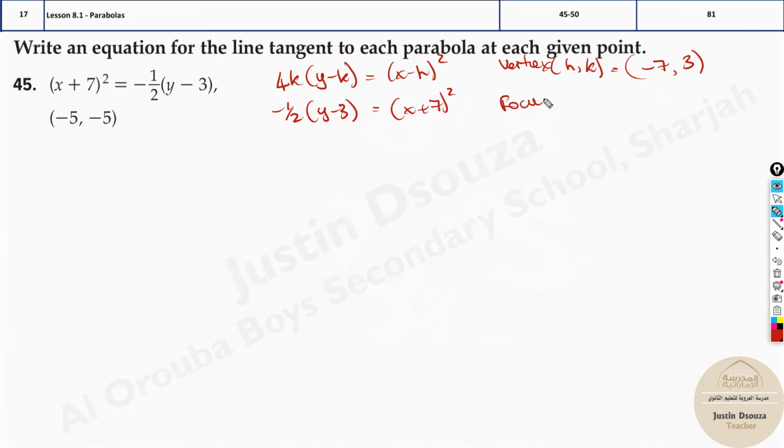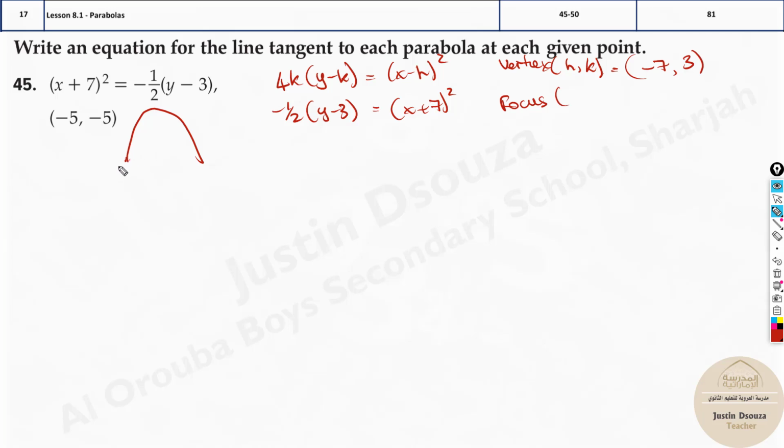Now, what is the focus? The focus cannot be found directly now. First, let's analyze what sort of a diagram this is. The x squared is on the right, y is on the left, and the sign is negative. So it will be opening downwards like this. It's vertical because y equals x squared opens vertically up or down.